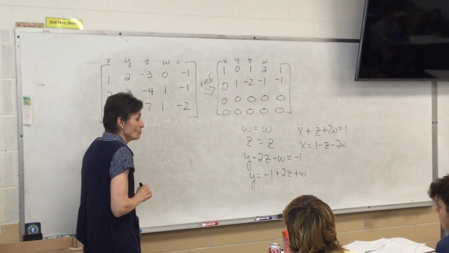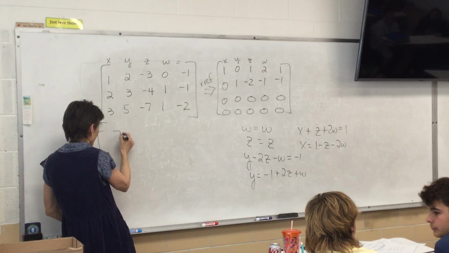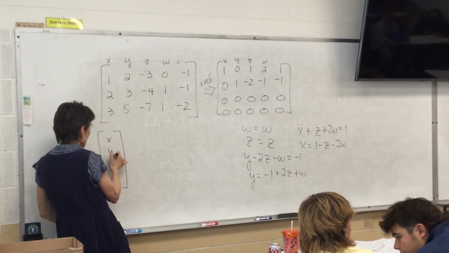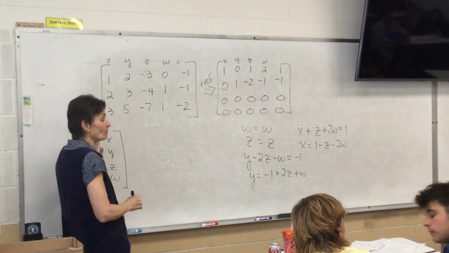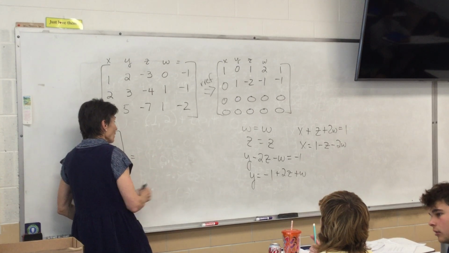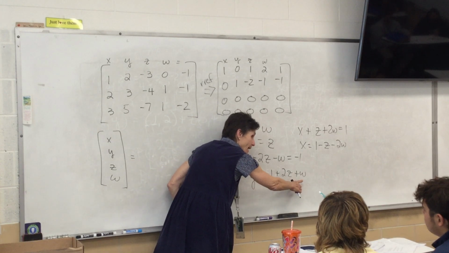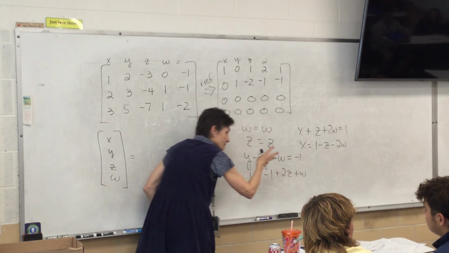So now, what does my answer look like? Well, if I write it in matrix form, I'm gonna have an X, Y, Z, and a W. I have to account for all my variables. But now, look at this for example. How many pieces does Y have? 3.